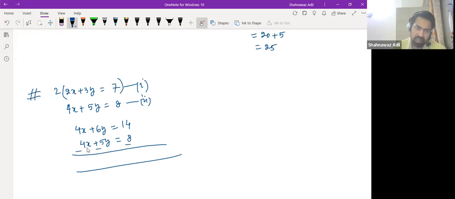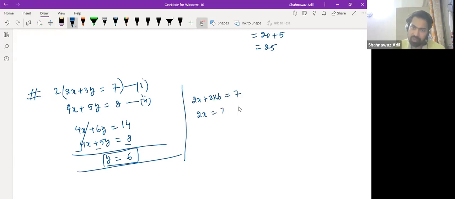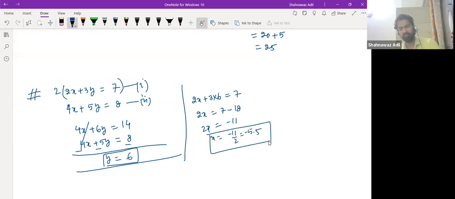So then x is cancelled, and this is y, and then this is 6. So we directly get y. And then we put the value of y in here. So then we get x. So this is how much? Minus 11. So x is minus 11 by 2, which is 5.5. So this is how we get it. Understood, Rifa?